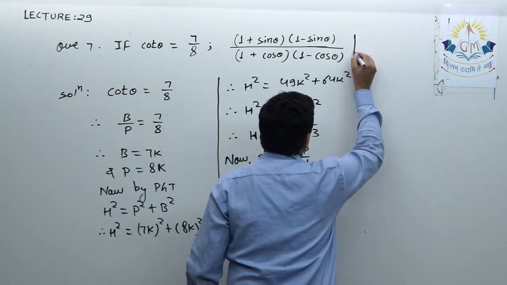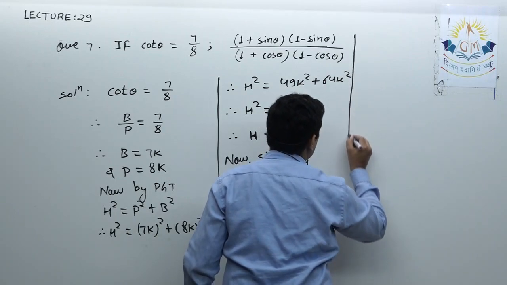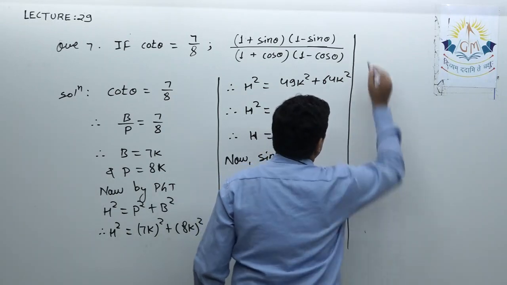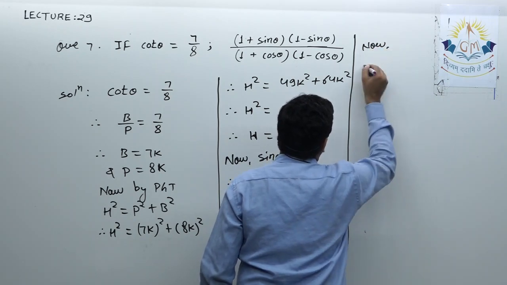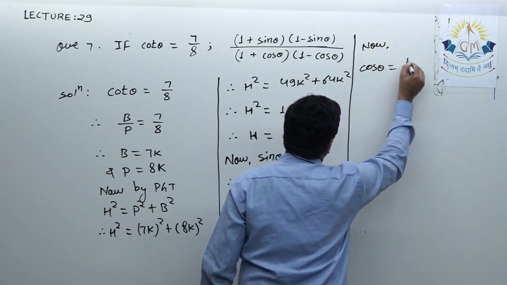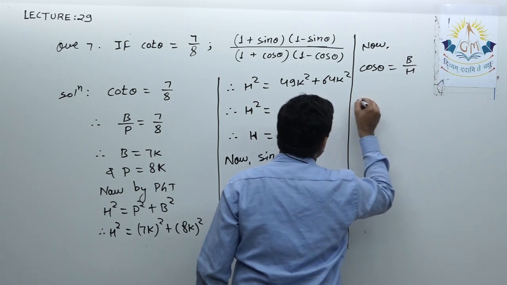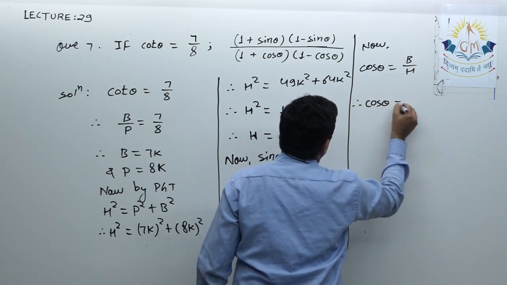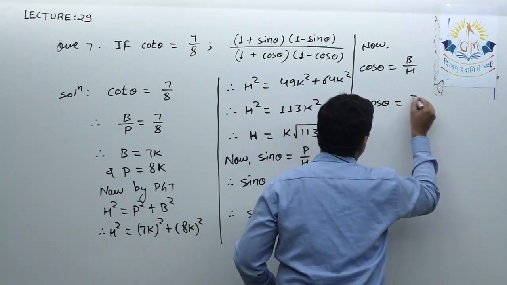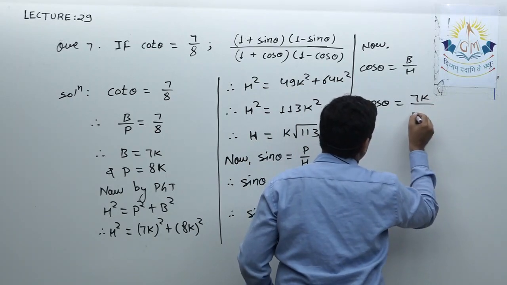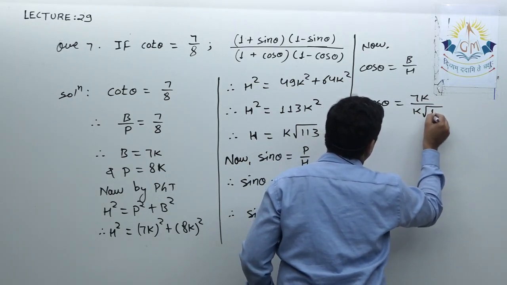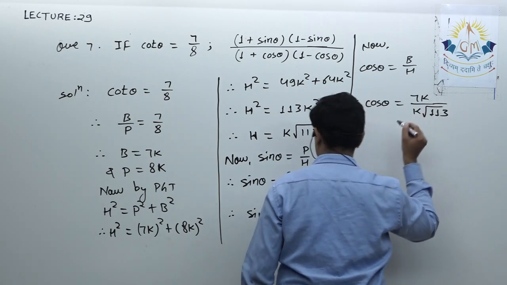Okay, now we'll find cos theta. Now cos theta is equal to base upon hypotenuse. Therefore cos theta is equal to, now base is 7k upon k root 113.